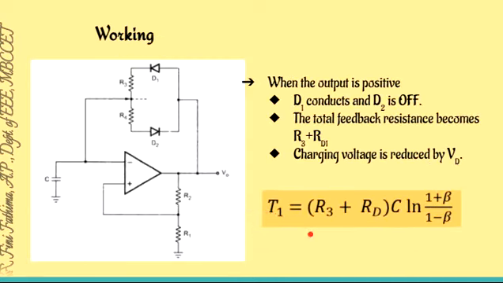Now, when the output is plus Vsat, the diode D1 conducts through the resistor R3 and the capacitor charges.